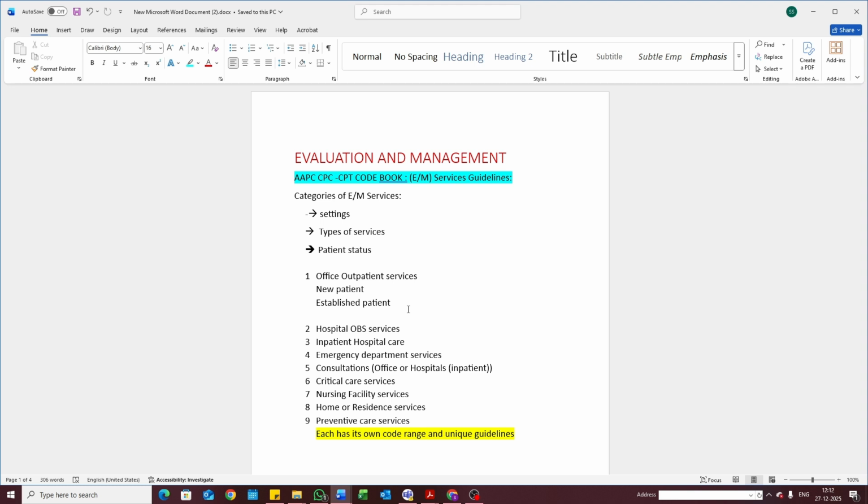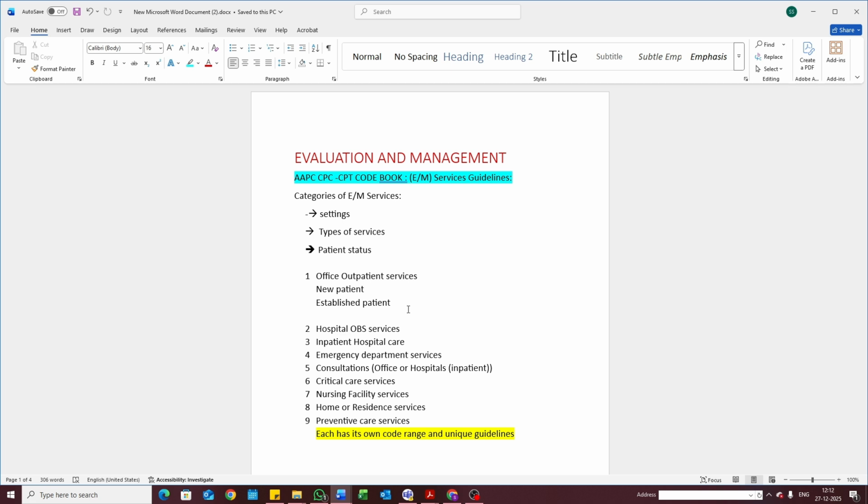Now, as per the CPT codebook, E/M services guidelines are organized by settings, types of services, and patient status: office outpatient services, new patients, and established patients.